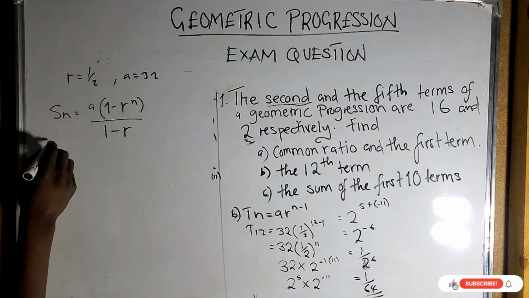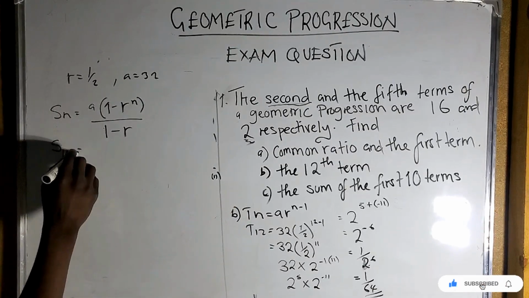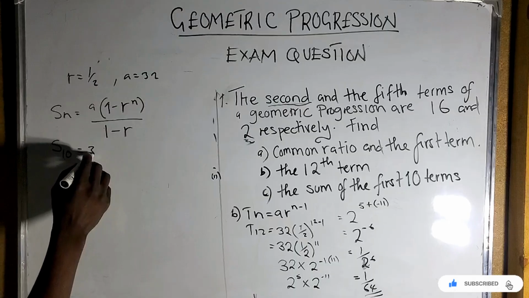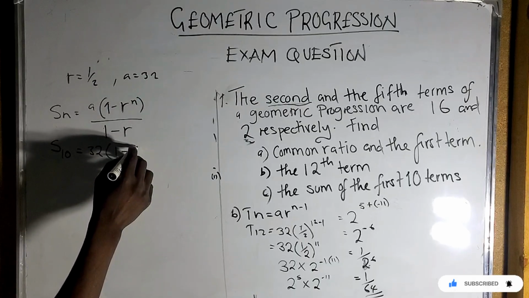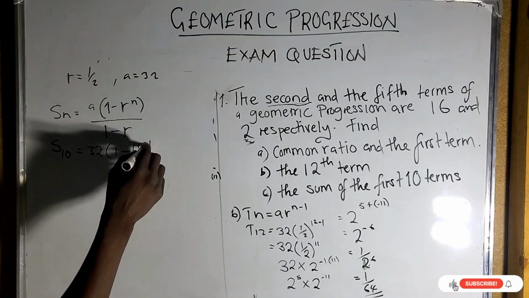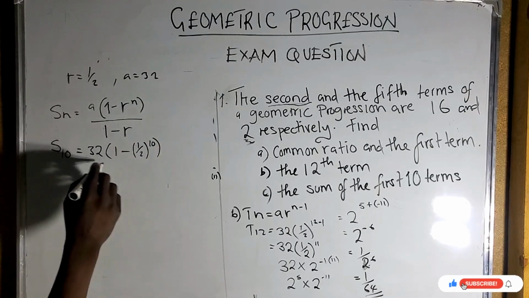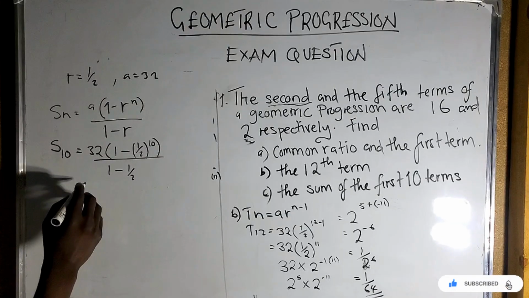Okay, let's now solve. S10 is equal to, first term is 32, times 1 minus common ratio, which is just 1 over 2, then the power 10, over 1 minus 1 over 2.